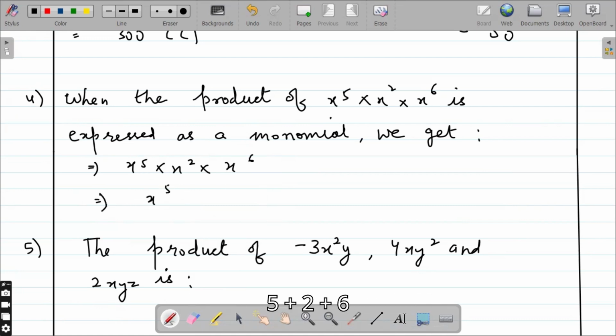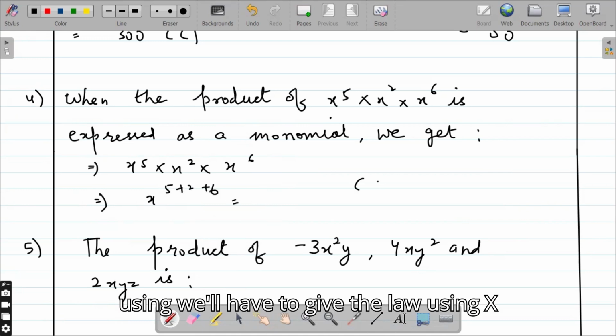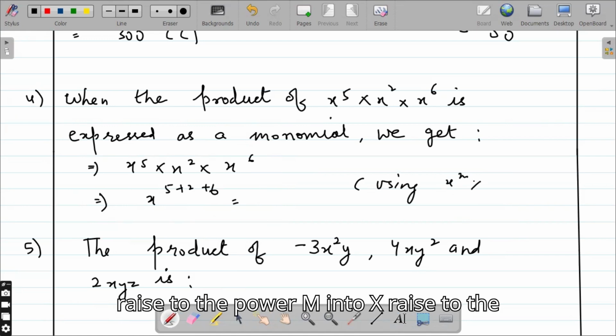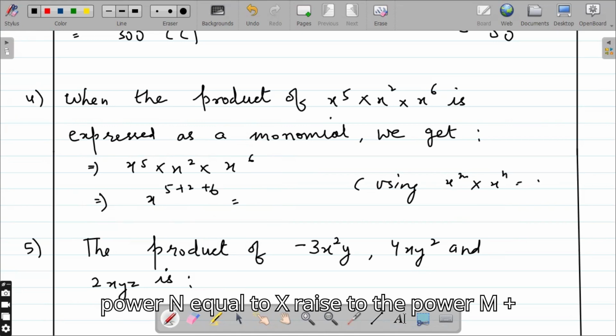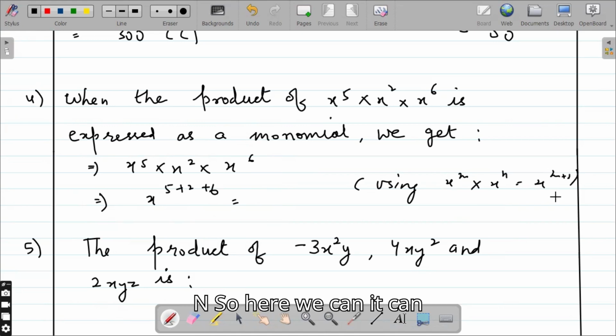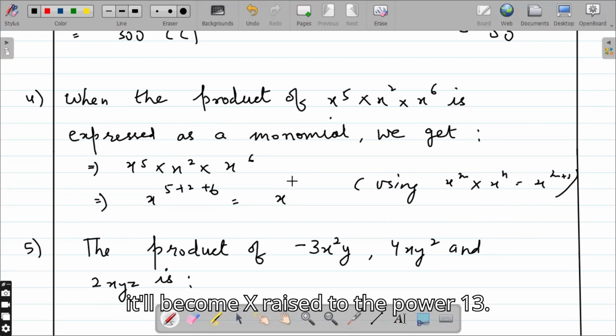So x 5 plus 2 plus 6. We'll have to use the law x raised to the power m into x raised to the power n equal to x raised to the power m plus n. So here it can be written as 6 plus 2, 8 plus 5, 13. So it will become x raised to the power 13.